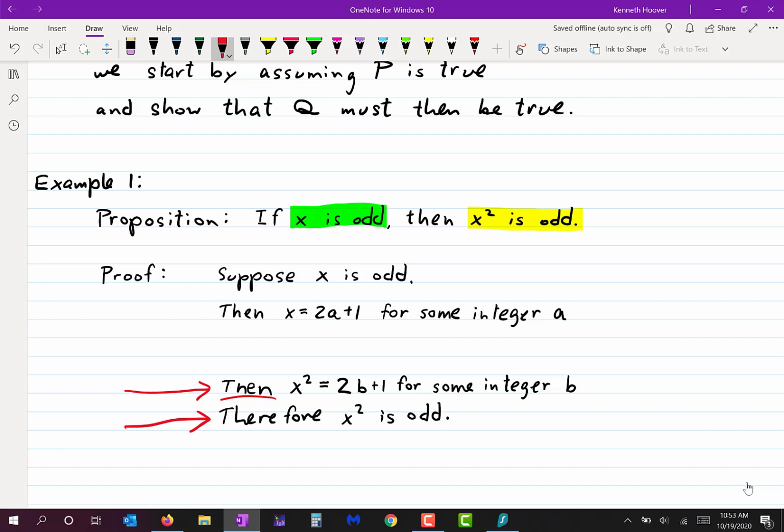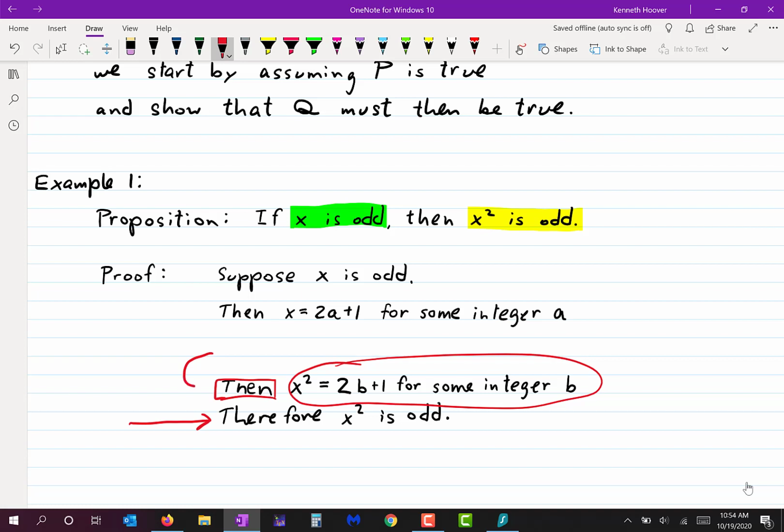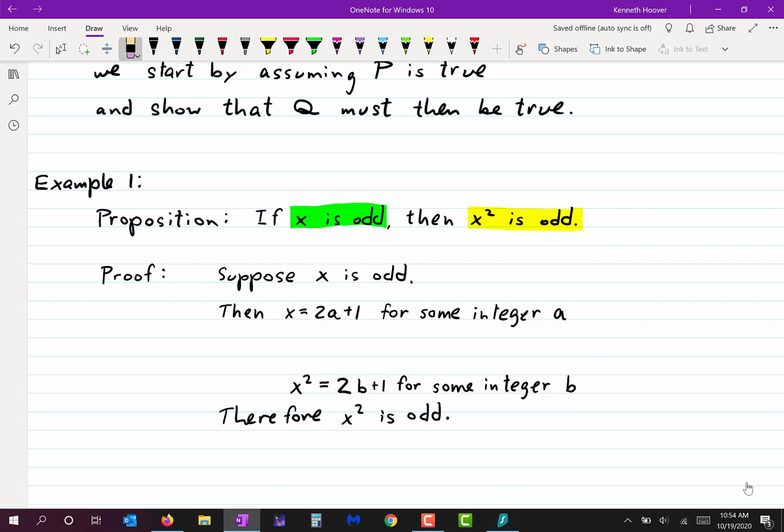I'm trying to prove x squared is odd, which means this is happening because of this. This word then is referring to something that has come beforehand that I haven't filled in yet. You see what I'm saying? If you want to, you could even leave the word then off for now. Okay?